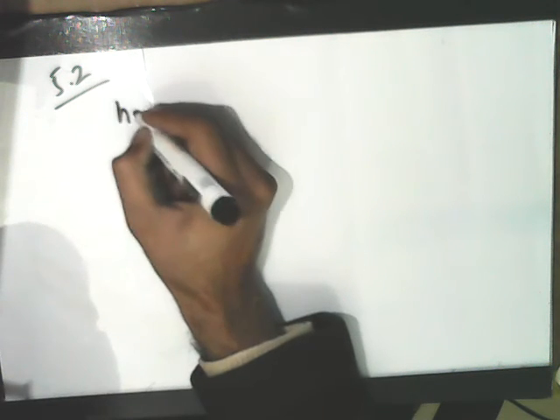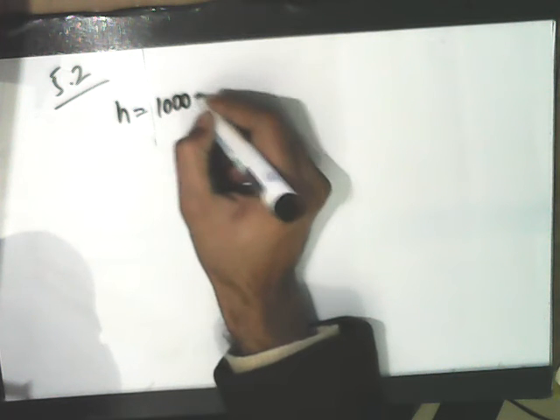In example 5.2, the question wants us to calculate the value of g at an altitude of 1000 kilometers. So we have height, which is 1000 kilometers.